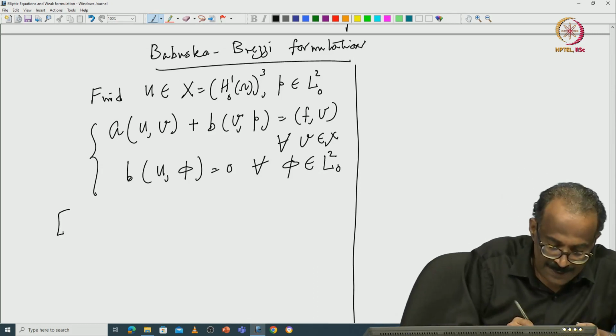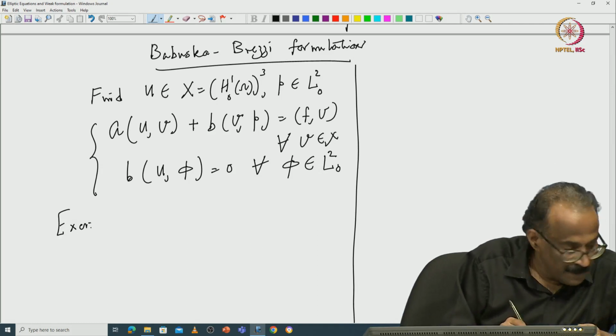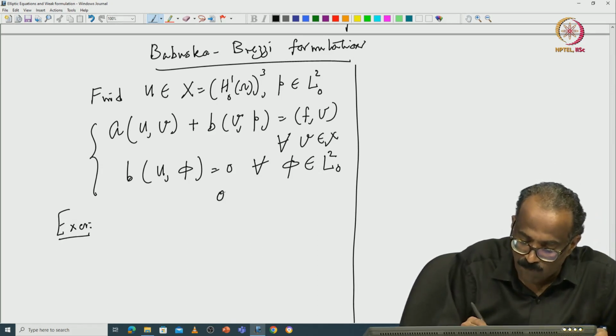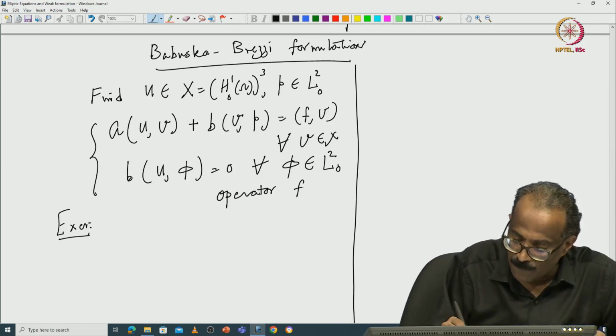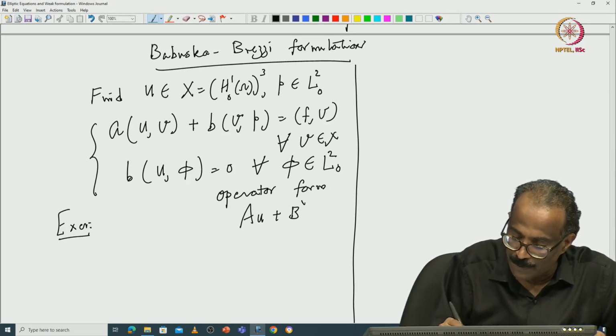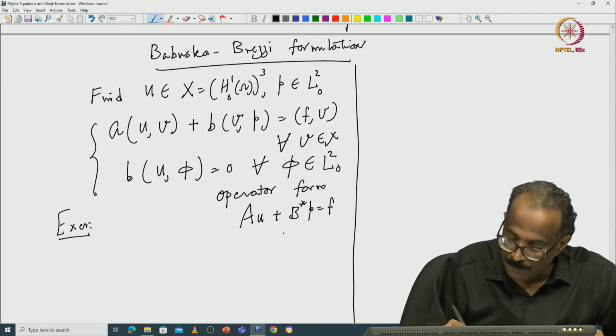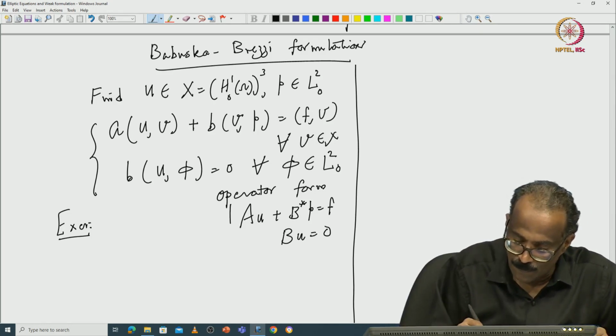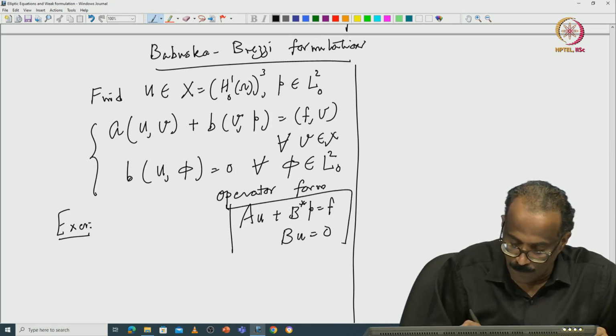So the exercise is you verify. You can write this in operator form: Au plus B star of p equal to F, and Bu is equal to 0. Okay.